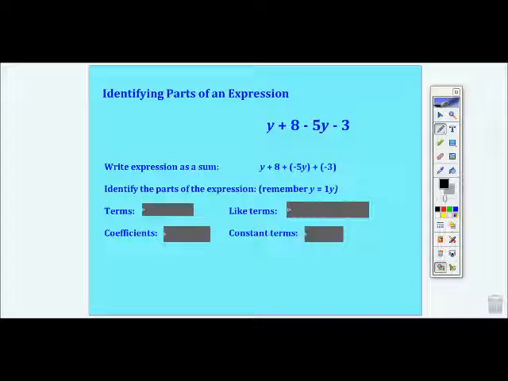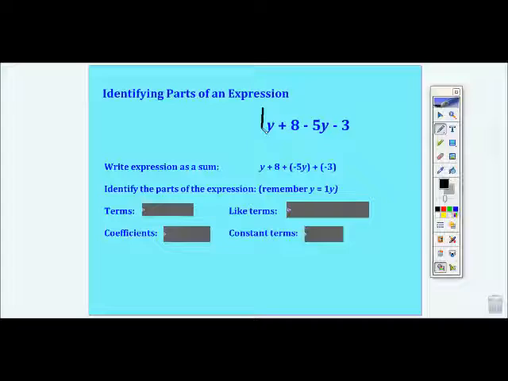If we identify the parts of an expression, we have an expression here, y plus 8 minus 5y minus 3. We can rewrite it as a sum, and now it says identify the parts of this expression. Remember, whenever we're talking about y and it does not have a coefficient, it's an implied 1.